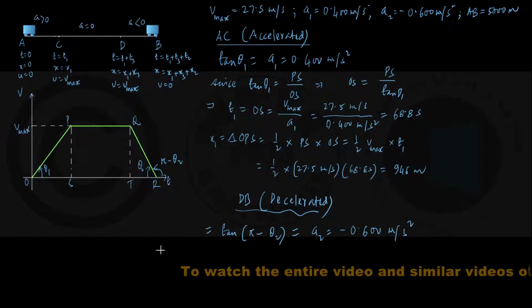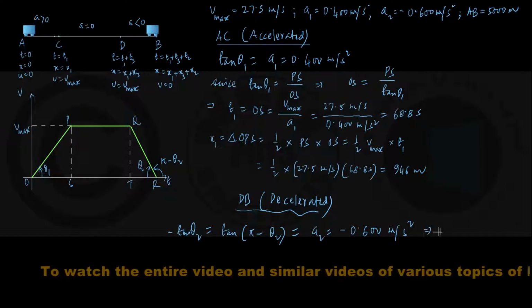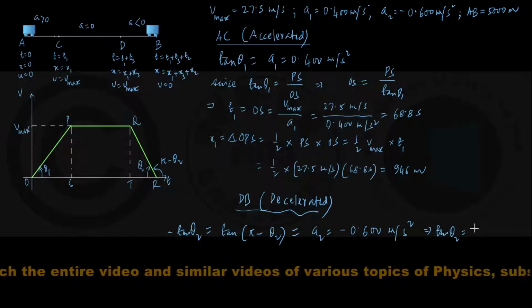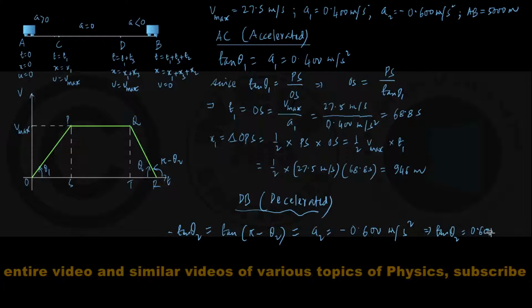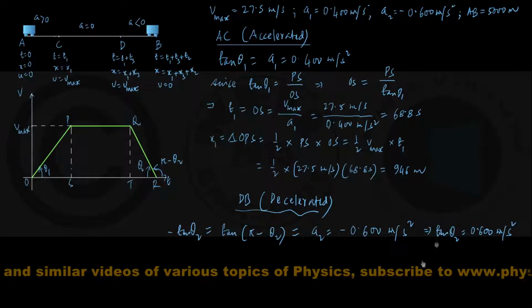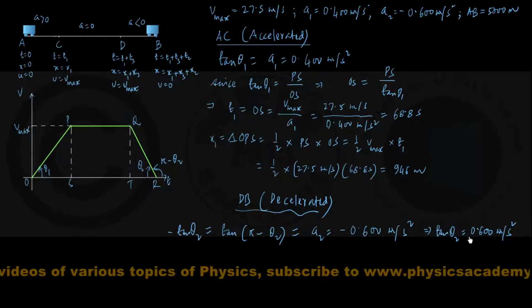But then tan of 180 minus theta 2 is minus tan theta 2, and we have here tan theta 2 is coming out to be plus 0.600 meter per second square. In my figure, tan theta 2 is the modulus value of A2, that's a positive quantity.